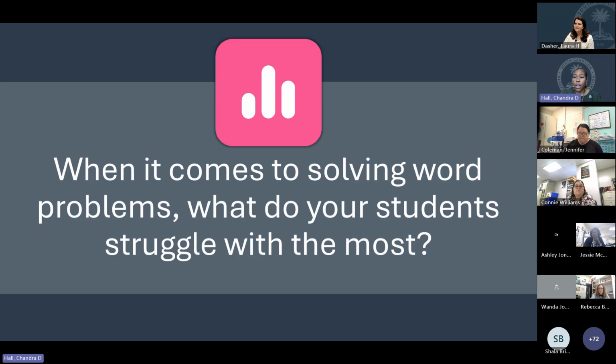Reading problems is definitely the front runner right now at 32%. Identifying appropriate operations, 17%. Identifying relevant information and irrelevant information, 15%.